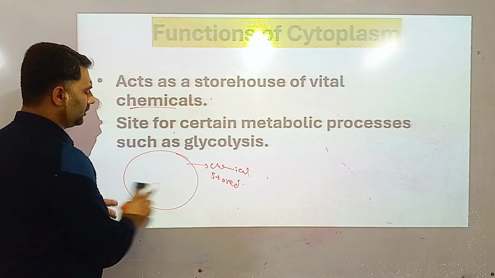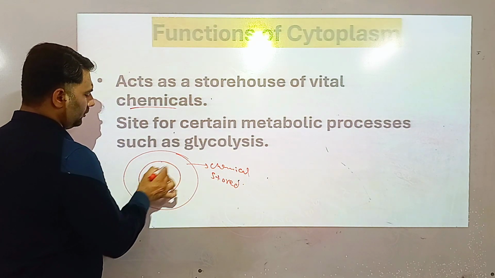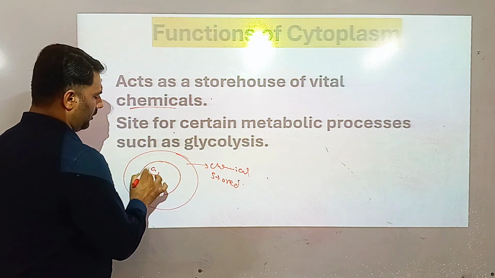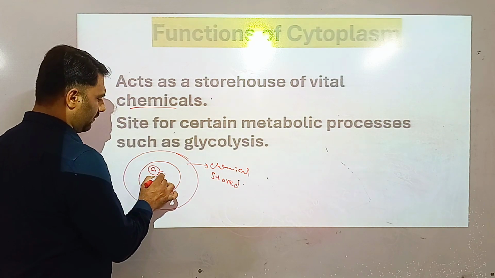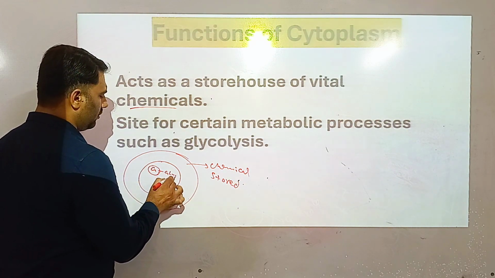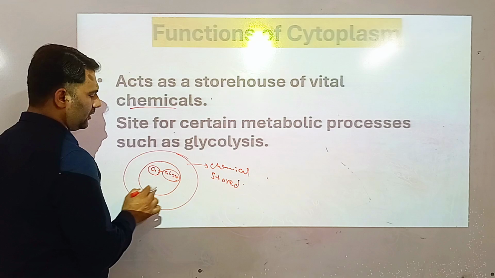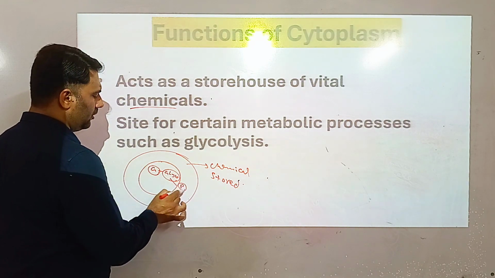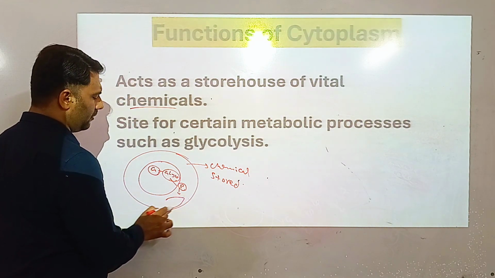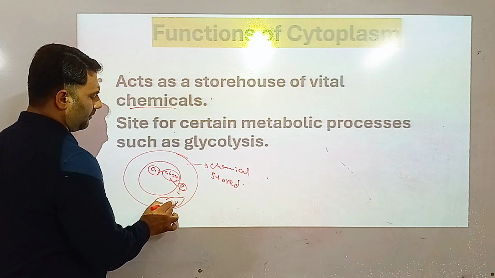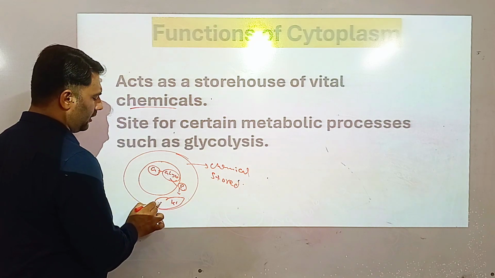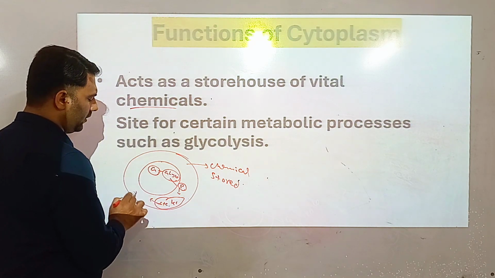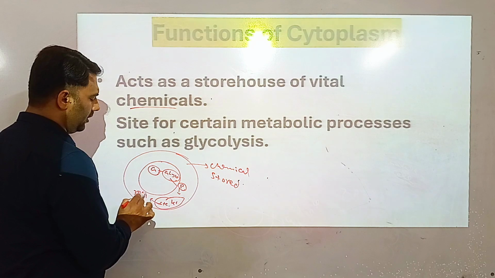For example, this is a cytosol. In the cytosol, one glucose molecule is broken down in the first step, which is known as glycolysis. In glycolysis, pyruvate is formed. This pyruvate enters into the mitochondria. Then the Krebs cycle takes place, and then the electron transport chain takes place, and finally 38 ATP are formed.